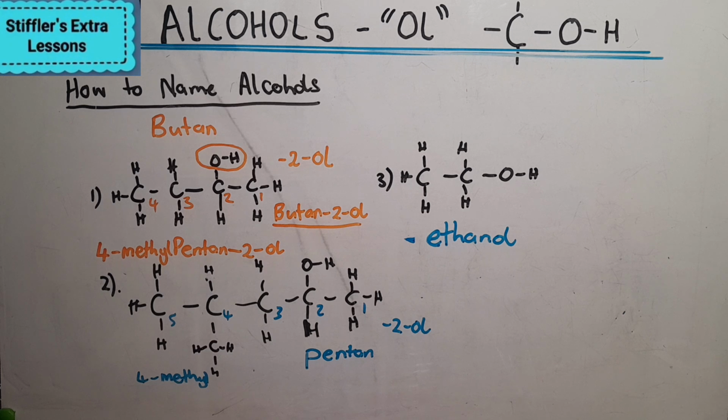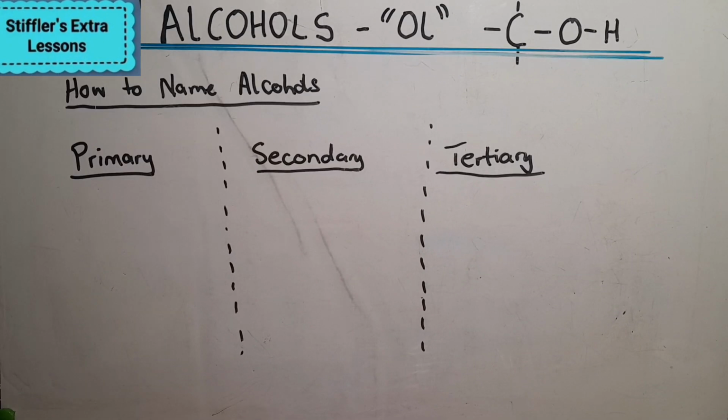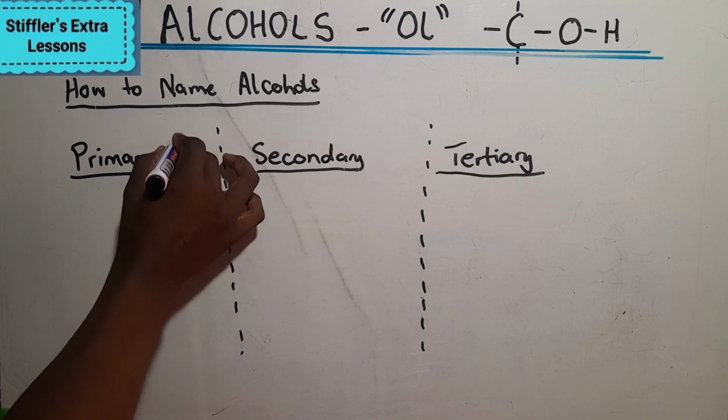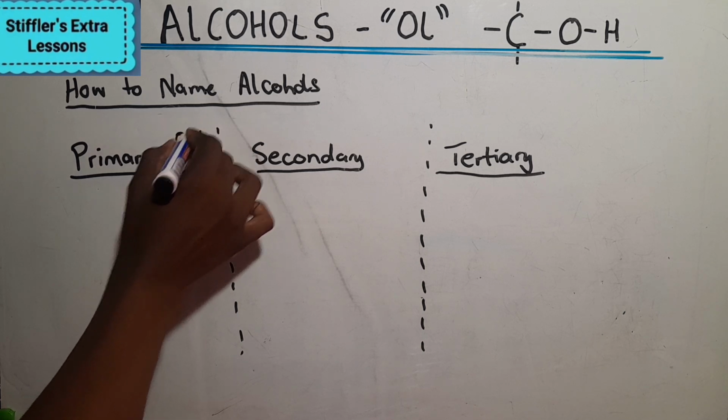So now let's go to classification of these alcohols, whether primary, secondary, or tertiary alcohol. How do we differentiate between primary, secondary, and tertiary alcohols? To differentiate this, we look at the carbon that is carrying the hydroxyl.